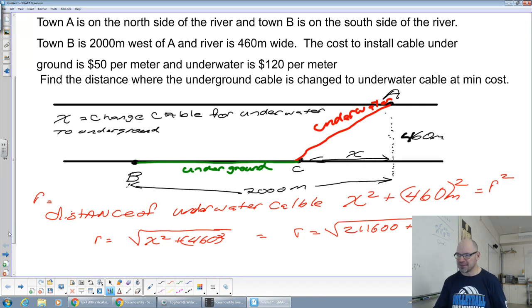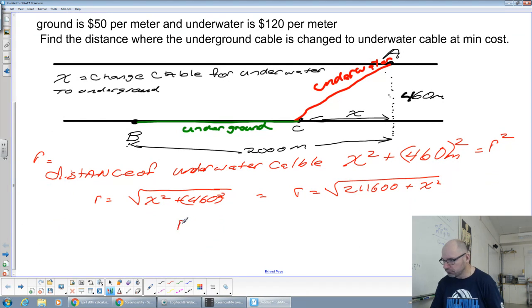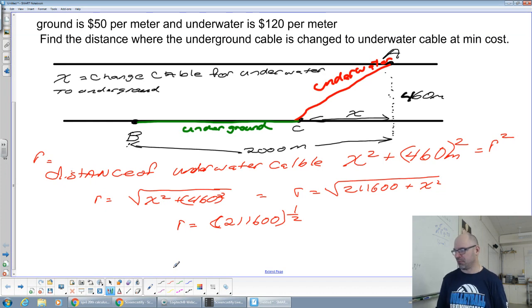So that's the distance. R equals, if we write it in exponential form, 211,600 to the power of 1/2. We're going to end up having to take derivatives, so it's a lot easier to have the power of 1/2. So that's the distance under the water.